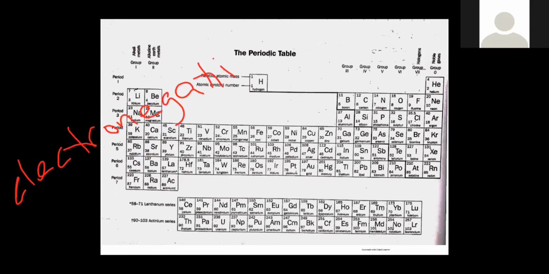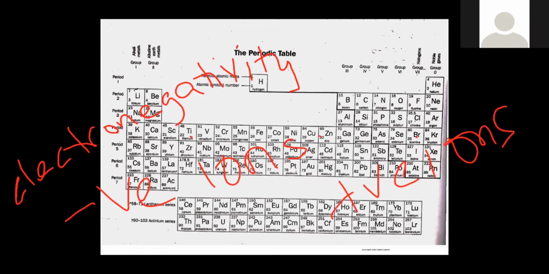We could also classify it based on electronegativity. Electronegativity is the ability of that particular atom of the element to form negative ions. So ionization energy deals with positive ions, electronegativity deals with negative ions.